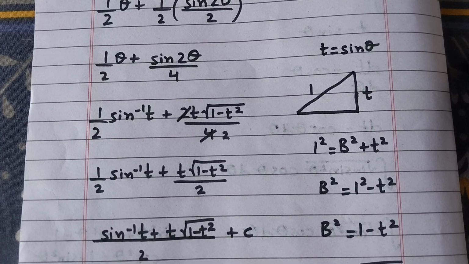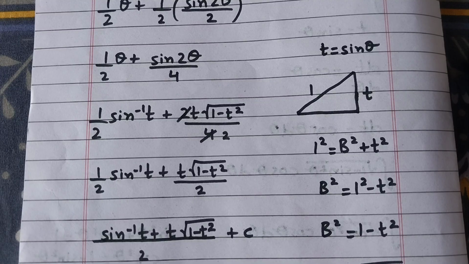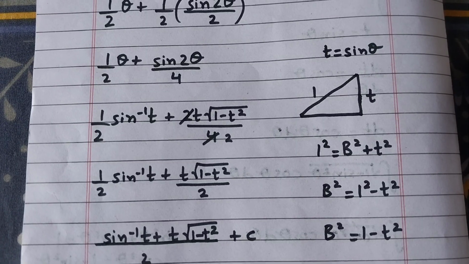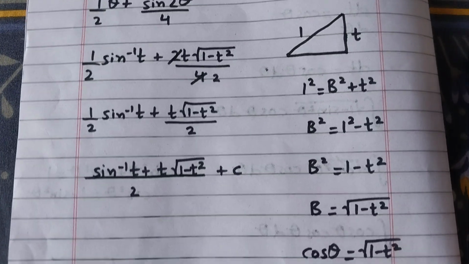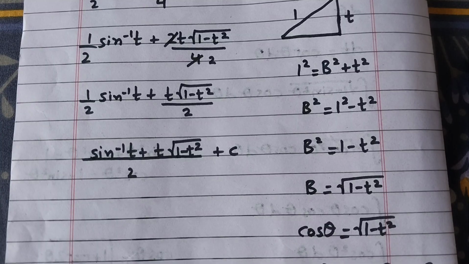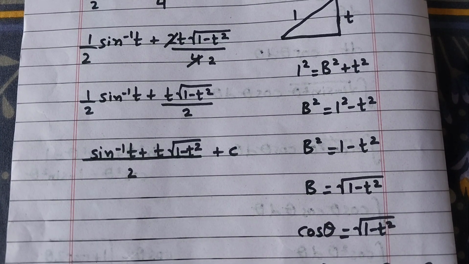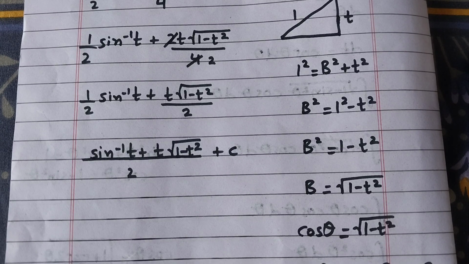So from this equation, base square is equal to 1 square minus t square, and 1 square is just 1, and base square is equal to 1 minus t square. So we need to find base from this equation, and for that we have to take the square root. So we are left with square root of 1 minus t square. And now we have the base, so we can find the value of cos theta.